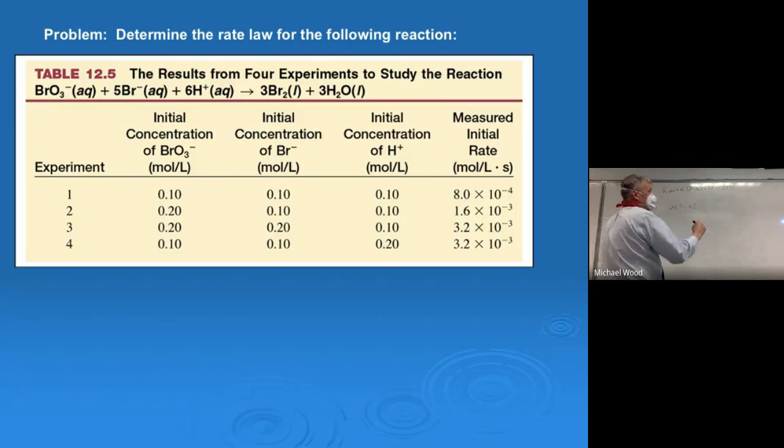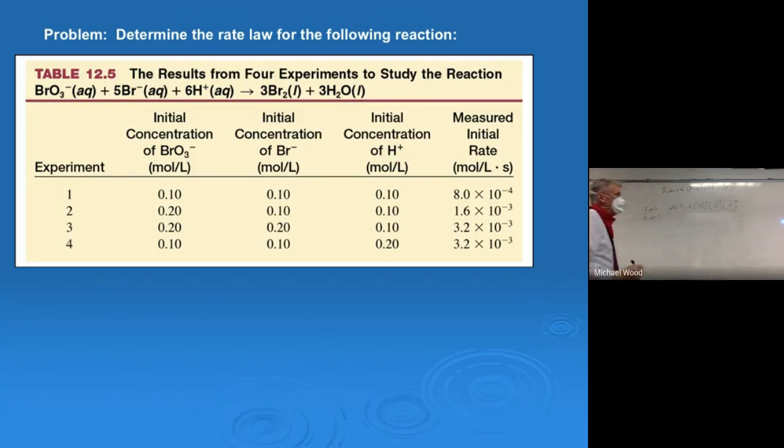So the bromate is 0.20 to the x. The bromide is 0.10 to the y. And the H plus is 0.10 to the z. So I'm just plugging in the numbers for experiment 2 into the rate law.